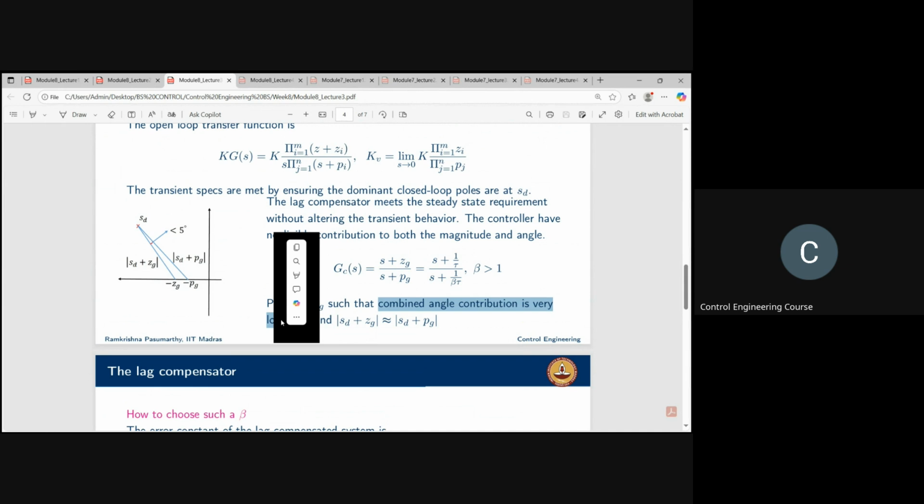You want a pole and zero very close together so that their combined angle contribution is very low. It won't alter the transient response specification. Is it clear?